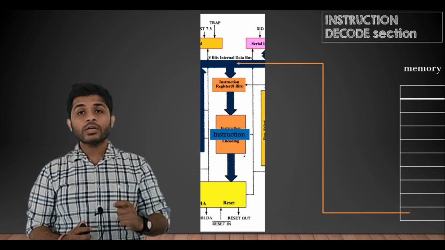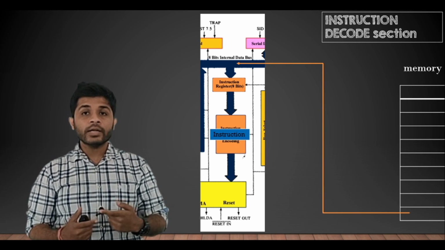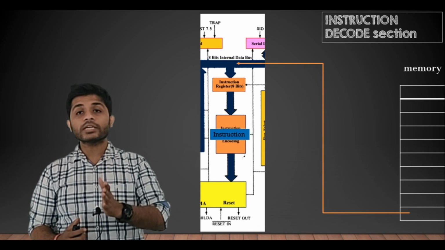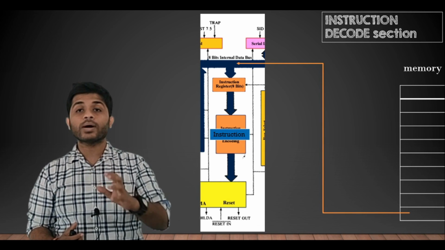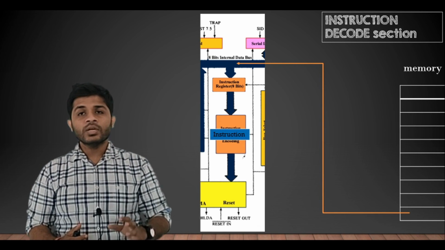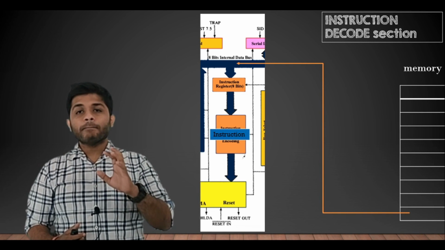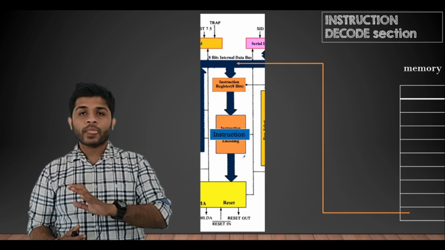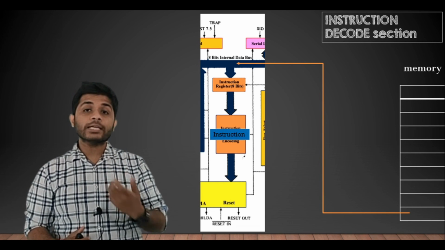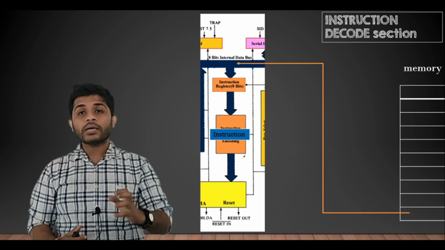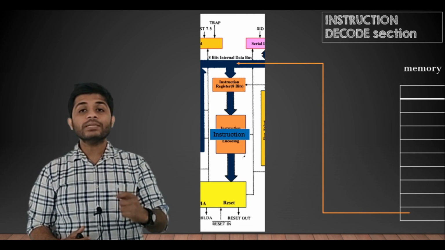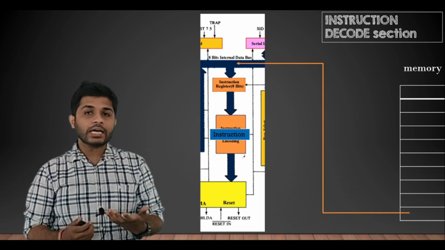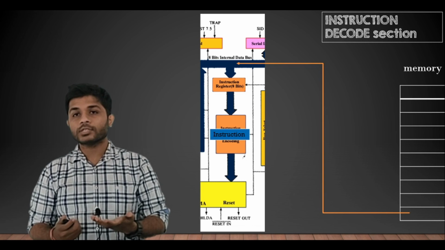In this block, the instruction will be decoded, and the processor will know how many machine cycles are required to execute the instruction. You can consider a machine cycle as the time required to execute an instruction. Some instructions require less time and some require more time.